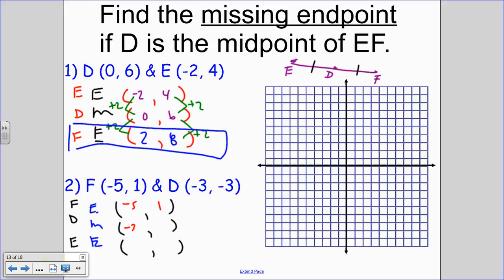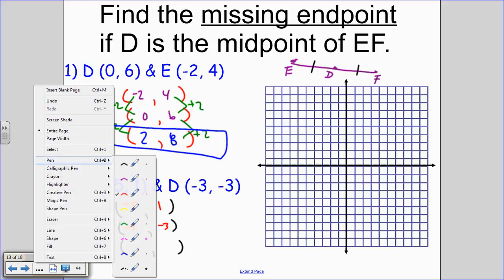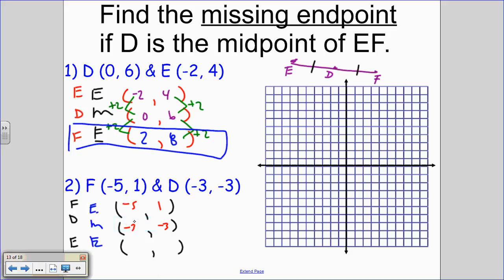D is -3, -3. Again, establish the pattern so we know how to find point E. So we're going from -5 to -3. So that means you add 2 to your x's.